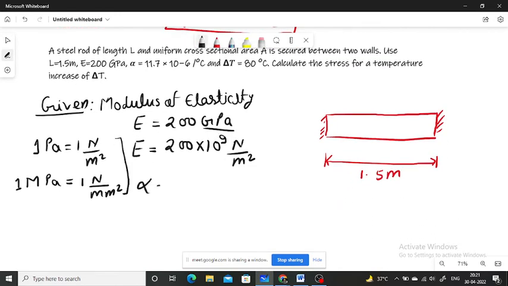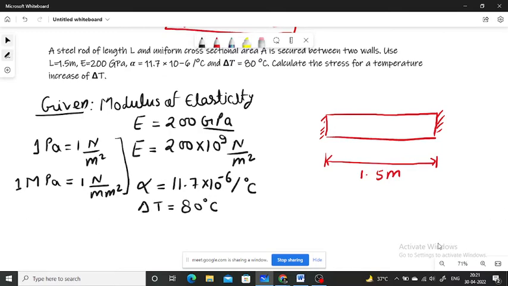Here alpha is equal to 11.7 into 10 to the power minus 6 per degree centigrade, and the change in temperature is given as 80 degree centigrade.